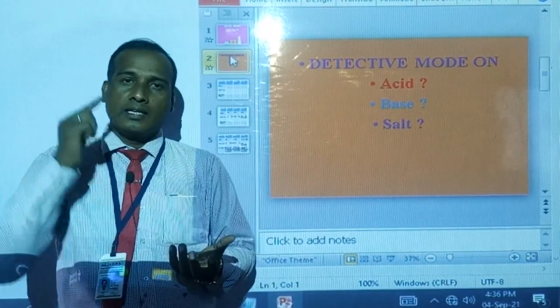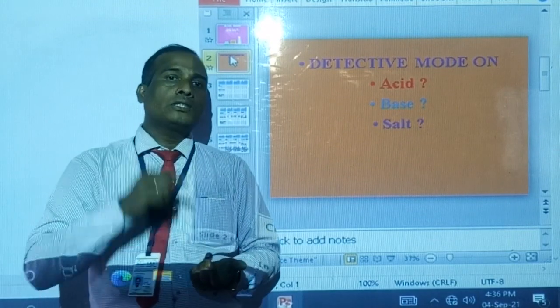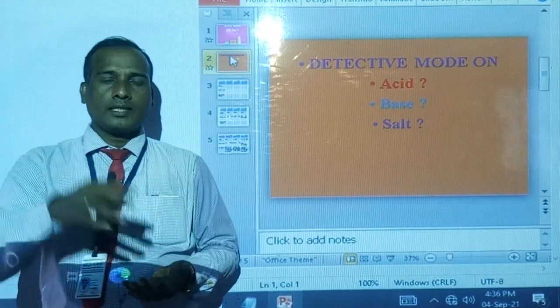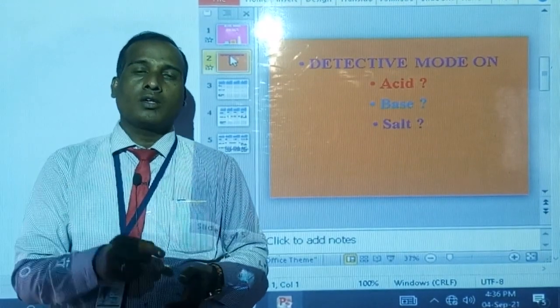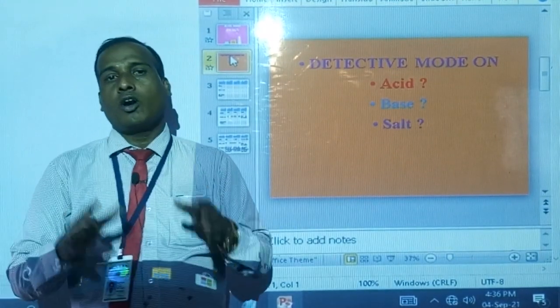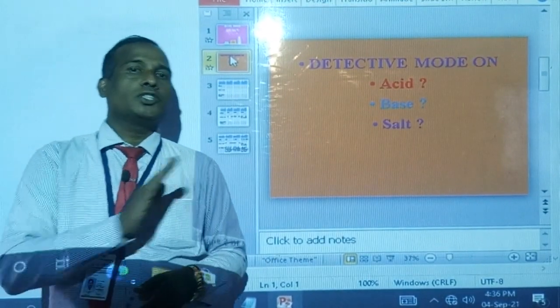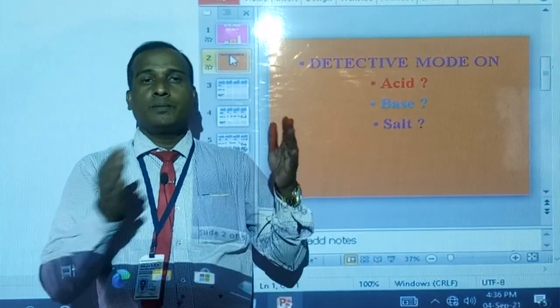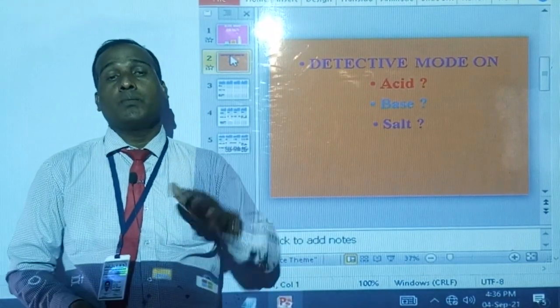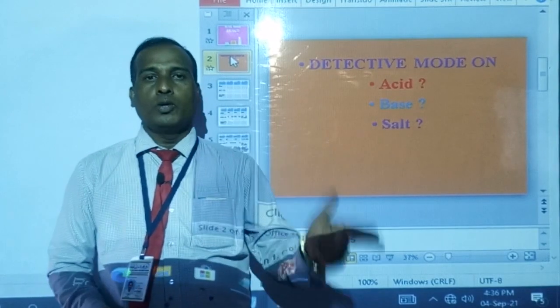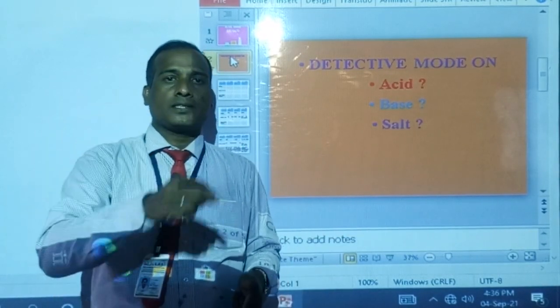That means there is no change in the color of red litmus paper when you put it in acid or salt. If it is base, then it will change into blue. Remember, red litmus changes into blue when you put it in base.